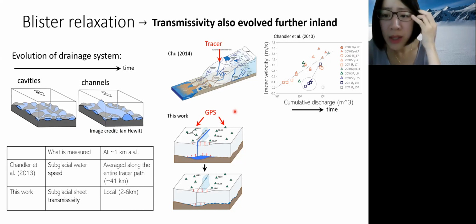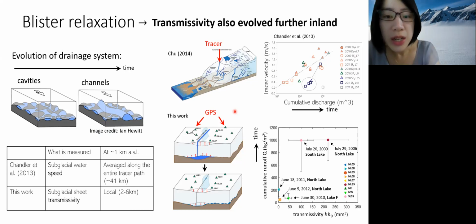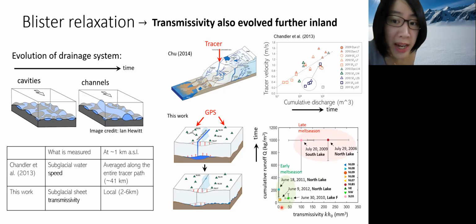So from these 5 drainage events, the basal transmissivity estimated locally under the lake can increase by up to 2 orders of magnitude over the course of the melt season. The blister relaxes slower in the early melt season when the drainage system is less efficient, but relaxes faster later in the melt season, indicating a more efficient drainage system with higher transmissivity.